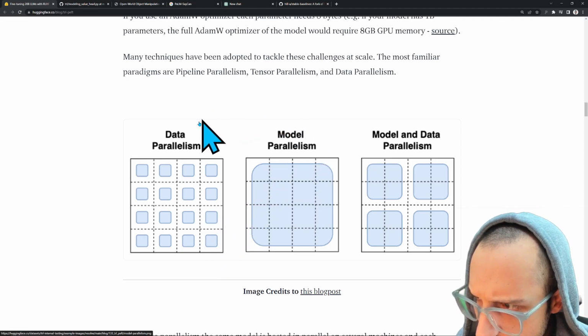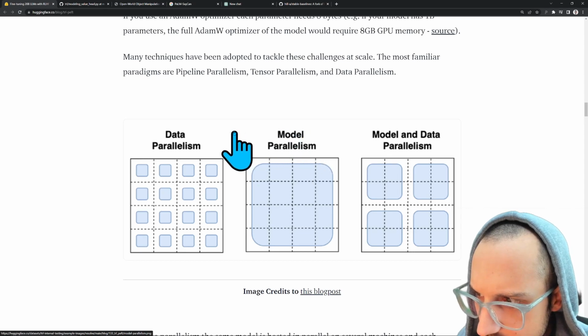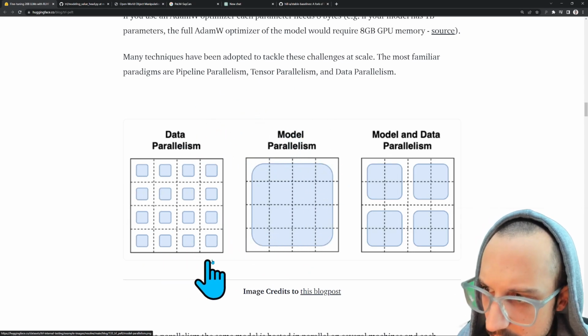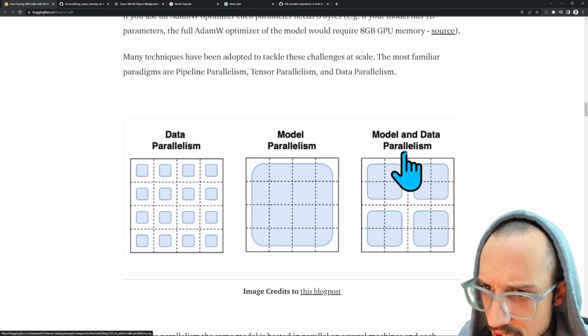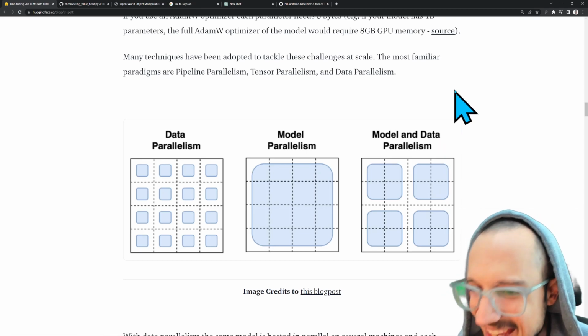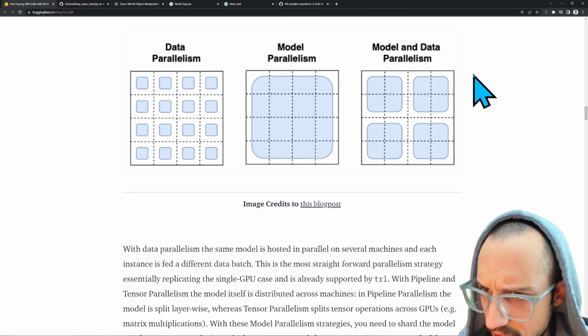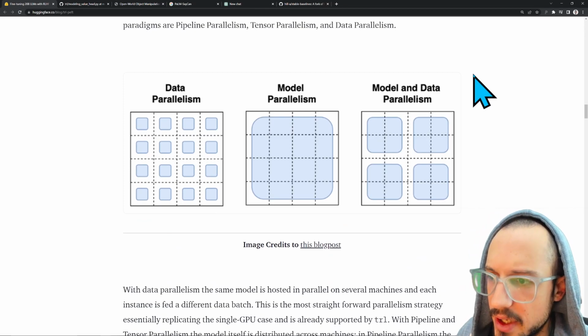Data parallelism and model parallelism at a high level, that's basically what they are, but rarely are people doing it in this most vanilla basic way. Usually it's a much more complicated combination of both model and data parallelism that is specific to the hardware you're training on.